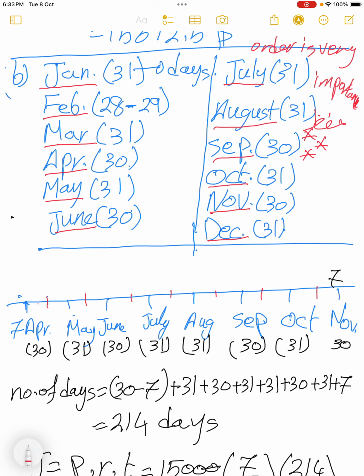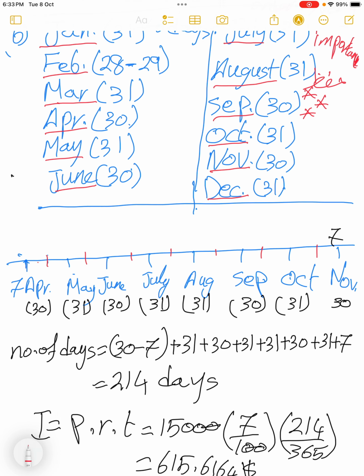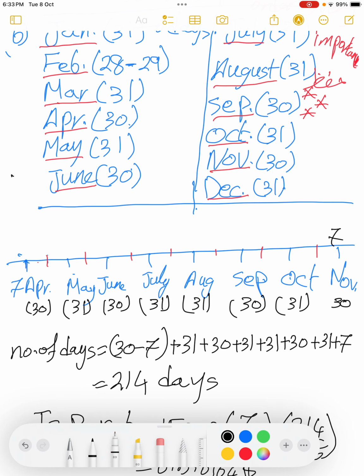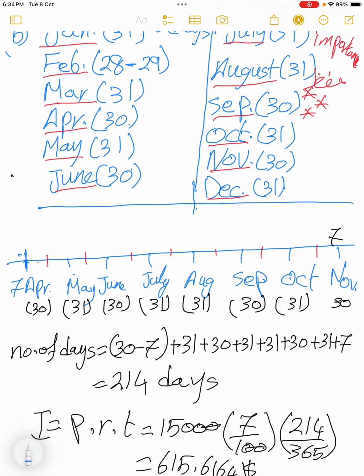Here, from 7 April till 7 months. In order to calculate, you have April, May, June, July, August, September, October, November. 7 months, 1, 2, 3, 4, 5, 6, 7.